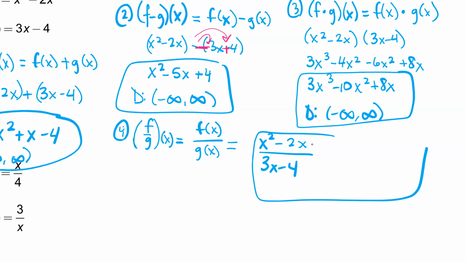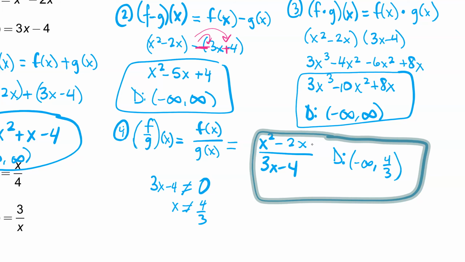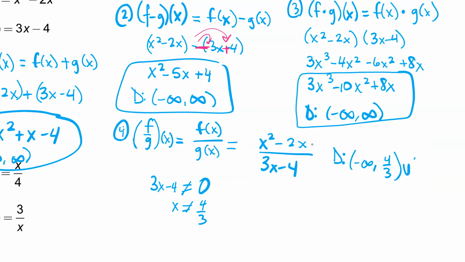No, so this is going to be my answer, but I have to talk about the domain. What will the domain of this be? Well, I know 3x minus 4 cannot equal 0. So x cannot equal 4 over 3. Exactly. So we go negative infinity to 4 over 3, and I'm cutting out 4/3. So I have to have a union there, then 4/3 to infinity.